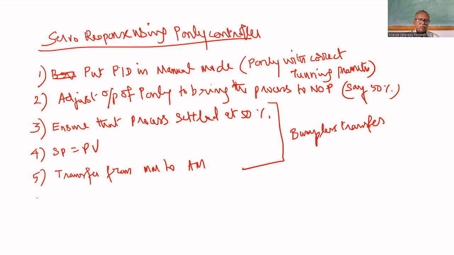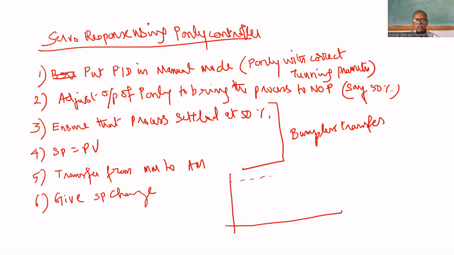At that time, give a set point change. Then you will get the response like this. This is the set point, say 60%. Initially, the process is at 50%. So you will get the response like this.